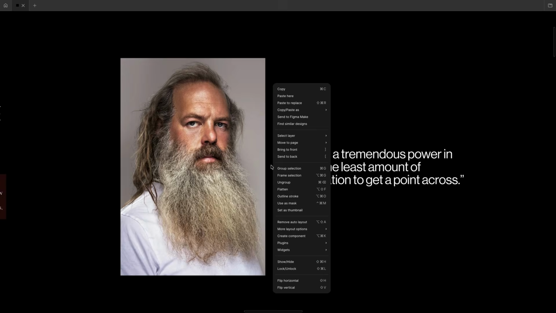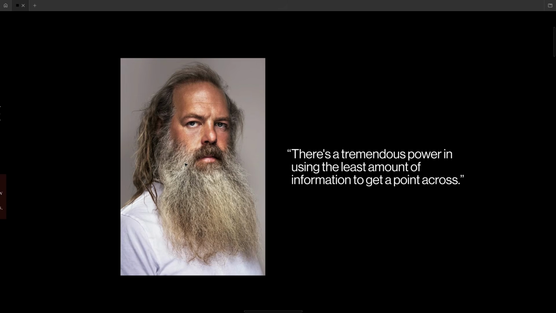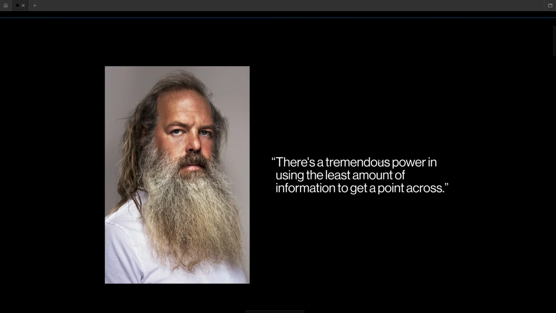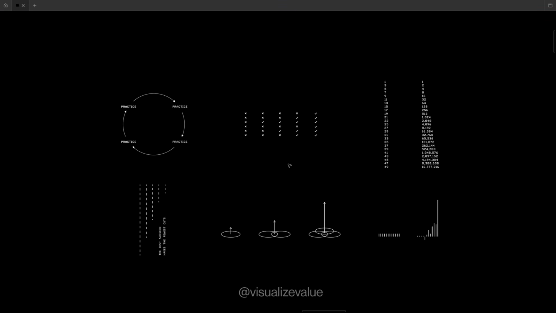Also, this is Rick Rubin, who's from California, so you should know him. He says there's tremendous power in using the least amount of information to get a point across, which is to say, to find one idea that will birth maybe 1,000 ideas for you, or finding one decision that once made takes care of 100 other decisions, 1,000 other decisions. The work of artist Jack Butcher exemplifies this very well.